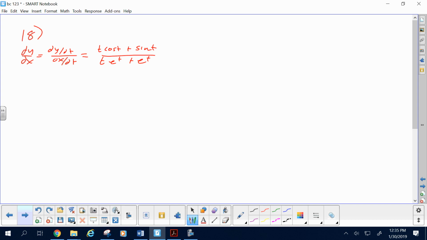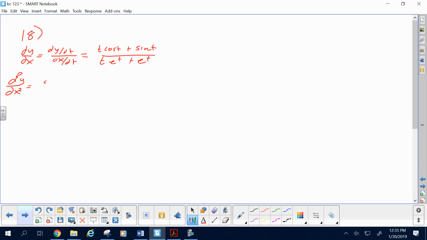Okay. Second derivative is where it gets gross. There is a ugliness factor and a conceptual place you need to be careful for. The second derivative is the second derivative taken with respect to x, not t.